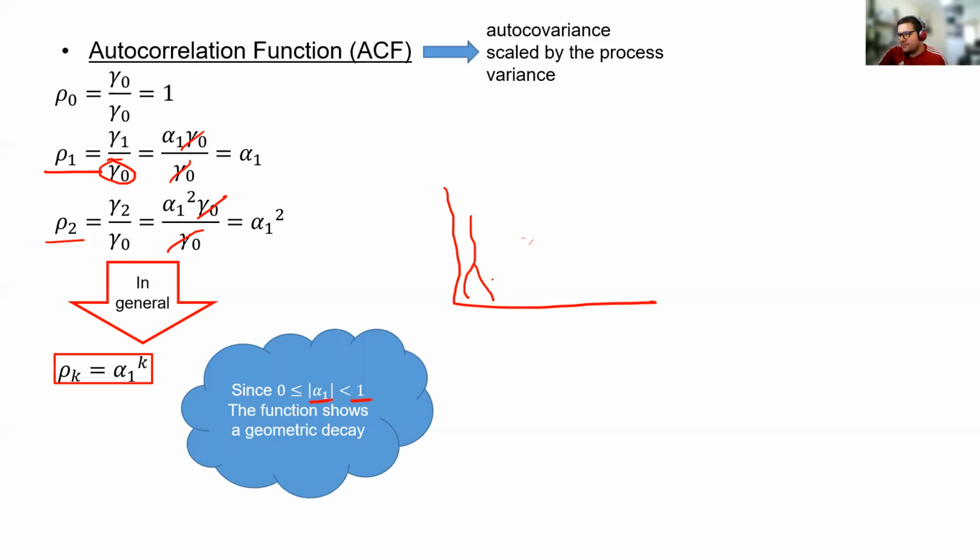Start there, then it will keep decreasing until it eventually reaches 0. And they will not follow a linear decrease, it follows a geometric decrease. So that's what we call a geometric decay. So for autoregressive 1 models, this is how the autocorrelation function pattern looks. This is the goal for today, just pattern recognition.